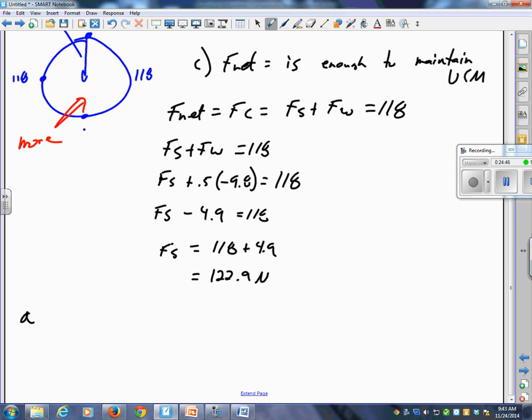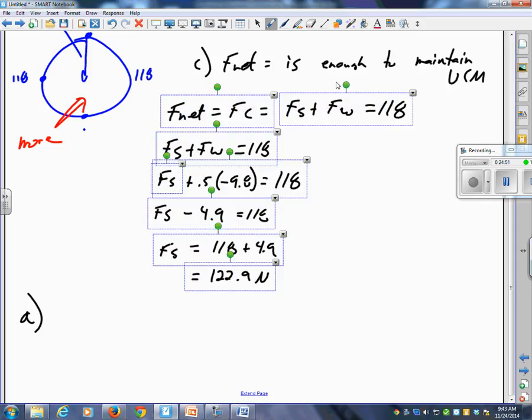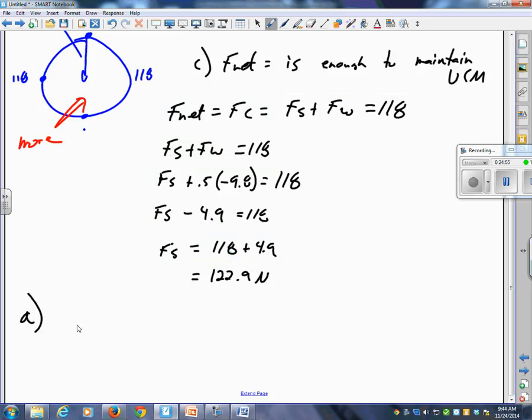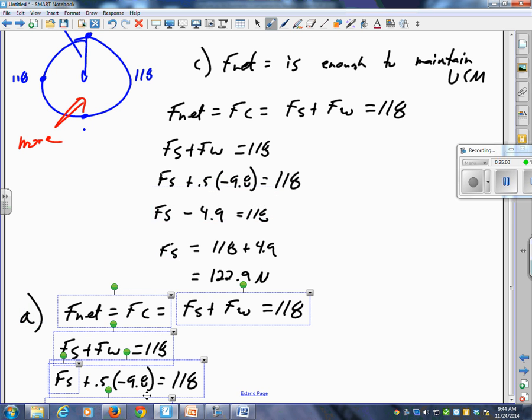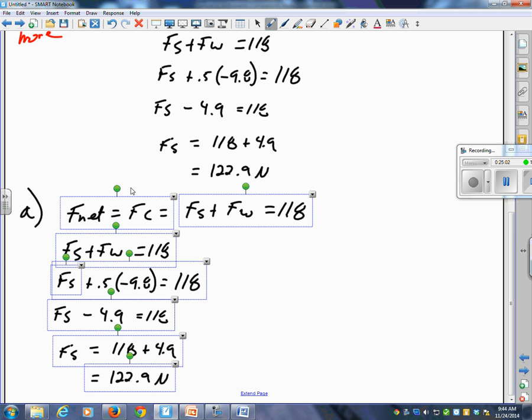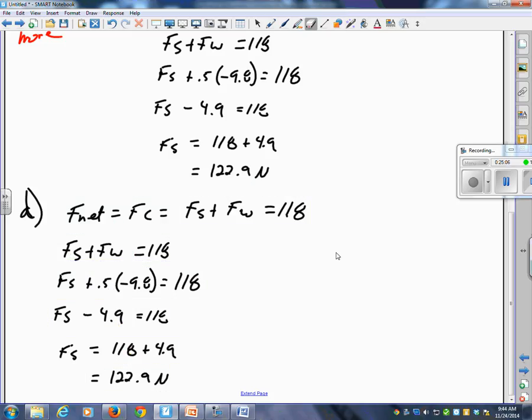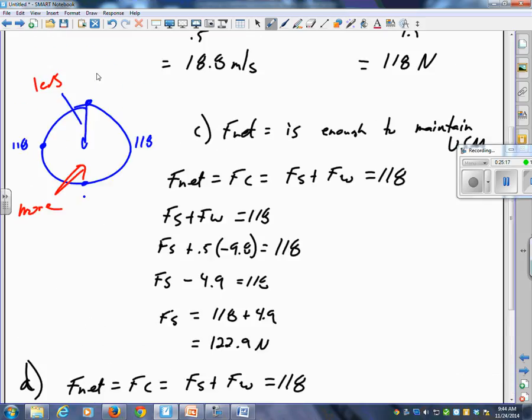At the top, all of this is exactly the same, with one exception. What's the one exception here? The 118. Why? Because it's down. At the top, the 118 is down.